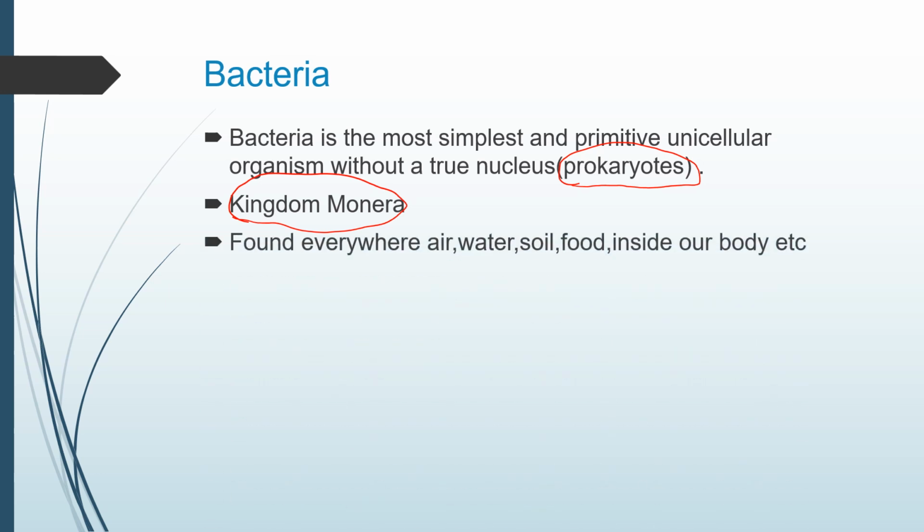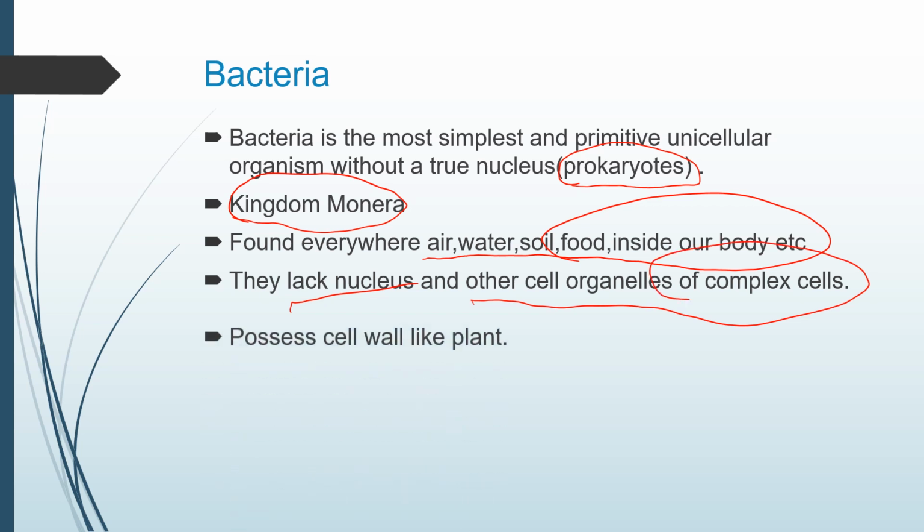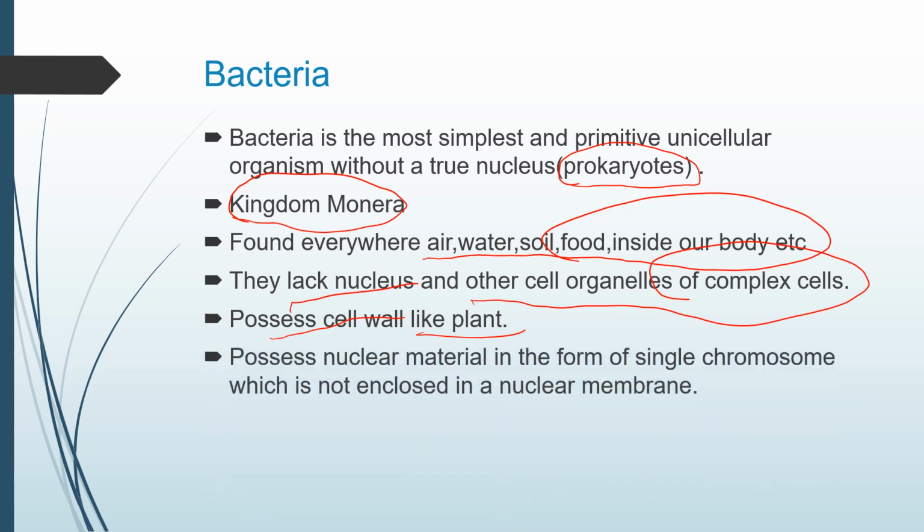It is found everywhere: air, water, soil, food, inside as well as outside our body. They lack a nucleus and other cell organelles of complex cells. They possess a cell wall like the plant. They possess nuclear material in the form of a single chromosome, which is not enclosed in a nuclear membrane.